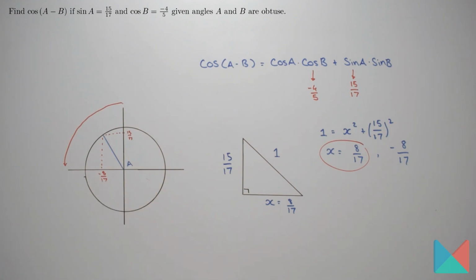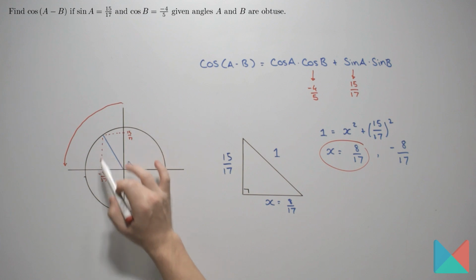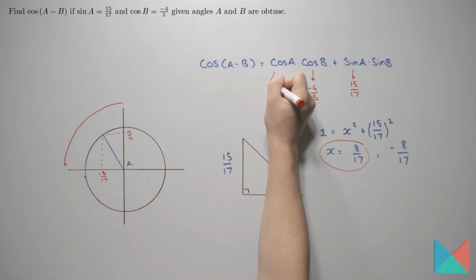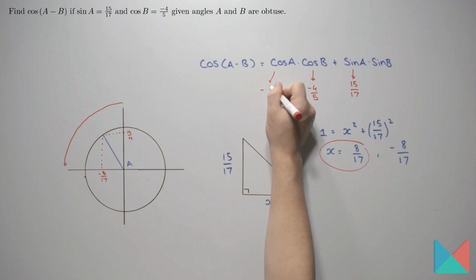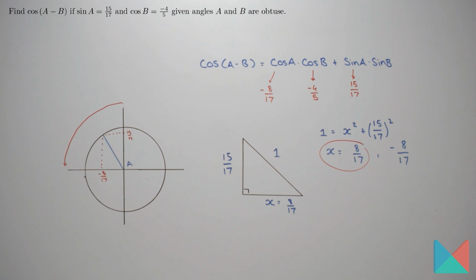And so our value for cos of A is going to be the x component, remember, of our angle of A, which is going to be negative 8 over 17. So let's write this in here. So cos of A is negative 8 over 17. So now let's rub this out and leave some room to find our solution for sine of B.